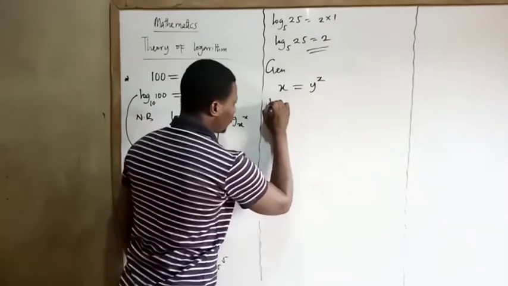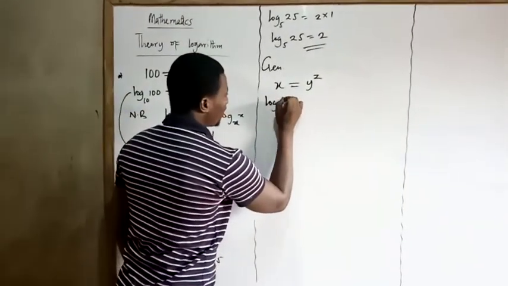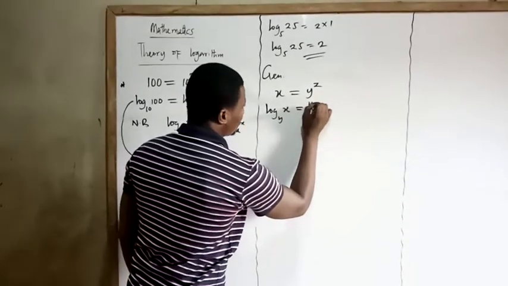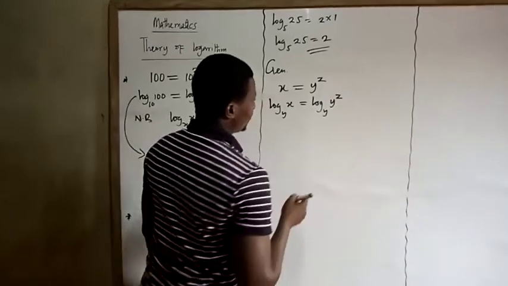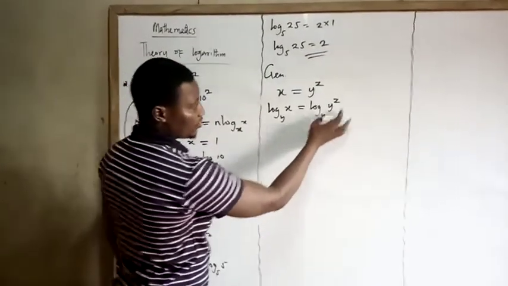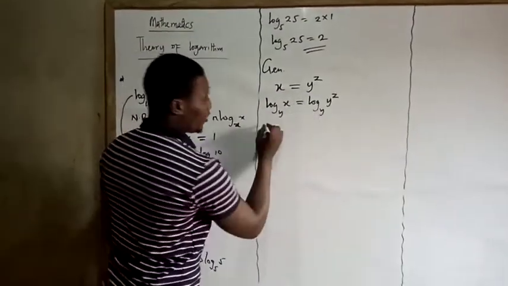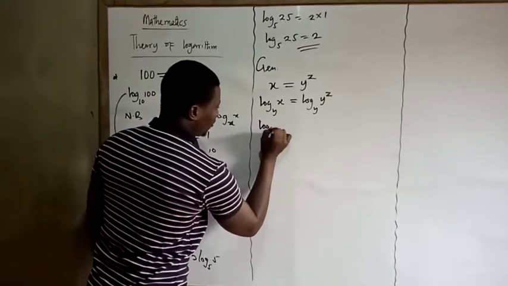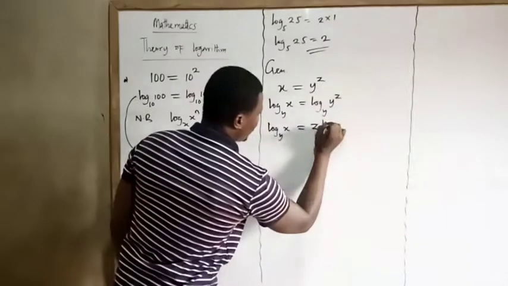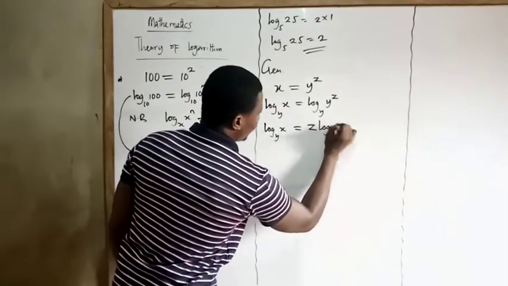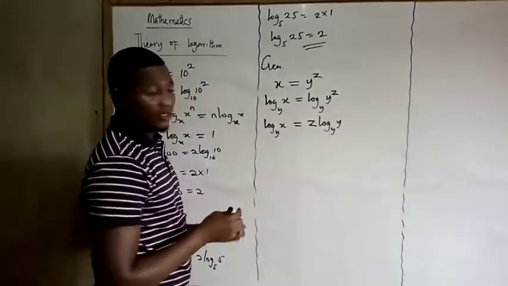So we have log base y, x to be the same thing as log base y, y raised to power z. Don't forget that this number is having power, so we have log base y, x to be the same thing as z log base y, y. The power will turn to the coefficient of the logarithm.